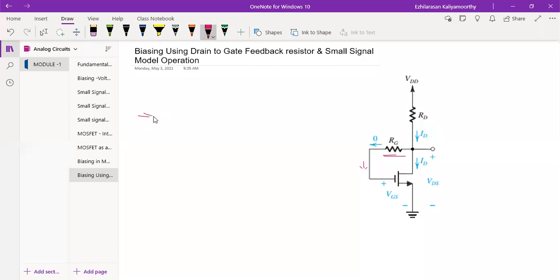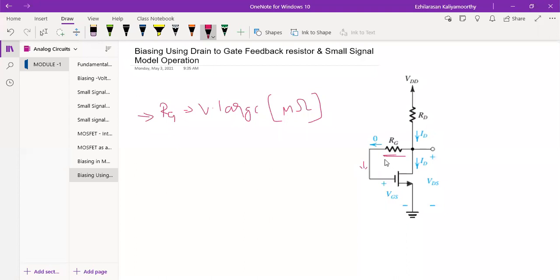Next, the second thing is that you have to keep the feedback resistance, that is RG, normally very large. Very large in the sense that you should set the value of RG in terms of mega ohms. So this gate resistor forces the DC voltage at the gate terminal to be equal to that of the drain.